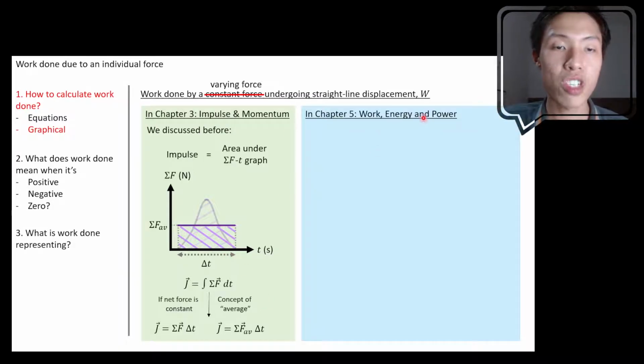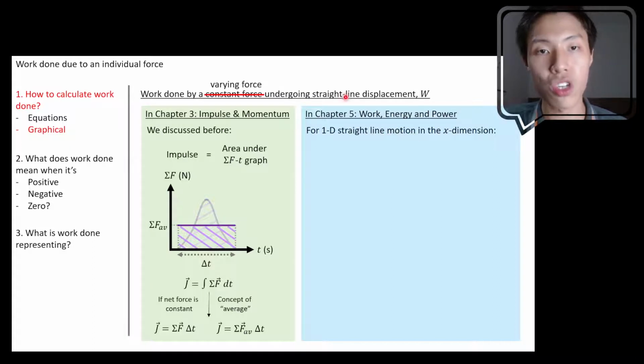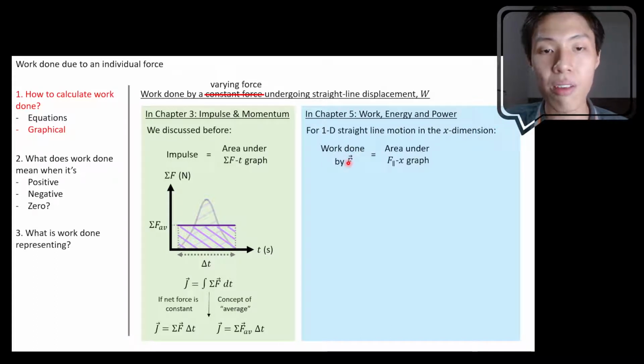And when we move on to chapter 5 on work, energy and power, you still do something similar. For a 1D straight line motion, we are still in straight line displacement. Let's say in the x dimension, the work done by force, this force F here, will be represented by the area under the F parallel against x graph.